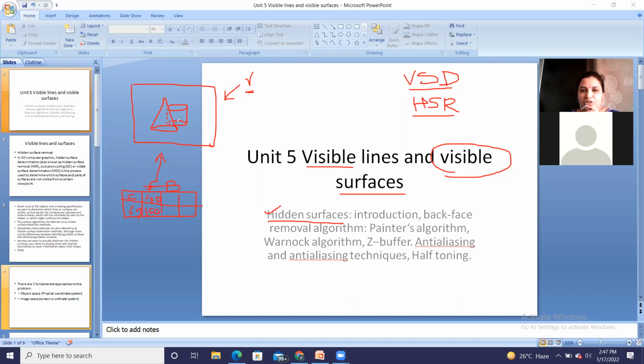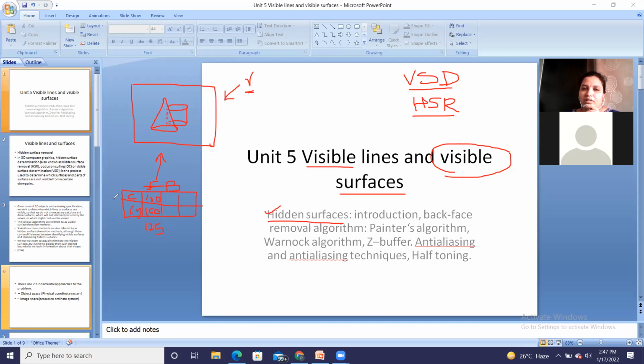But if this portion of the cone is not going to be displayed, then we can remove that from the frame buffer. So if the cylinder has a total of, suppose, 150 pixels, and out of that 25 pixels are of no use, then instead of fetching the total 150 pixels of data, I can fetch only the required 125 pixels of data from the memory into the frame buffer for display purposes.